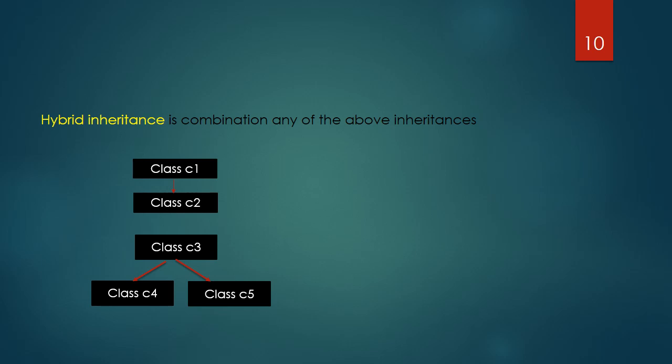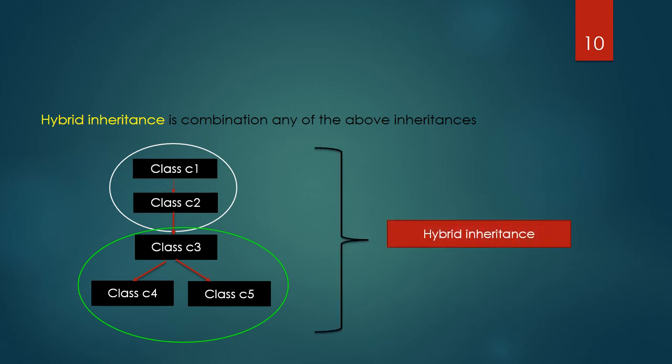The below three classes represent hierarchical inheritance, the above two classes represent single inheritance, and when we combine these two, that is the combination of any two or more of the previous types of inheritances, which is called hybrid inheritance. So the total combination of these two inheritances we call hybrid inheritance.